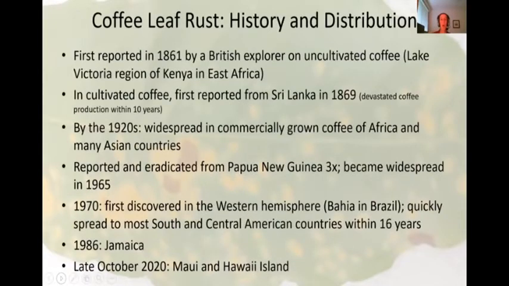I guess it's the good and the bad that coffee leaf rust has quite a history. It was first identified in 1861, and you can see the timeline as it first went into cultivated coffee in Sri Lanka in 1869. It spread into Africa and Asia in the 20s, became widespread in Papua New Guinea in '65. It was first discovered in Brazil in 1970.